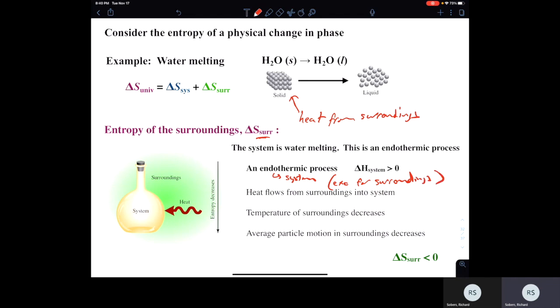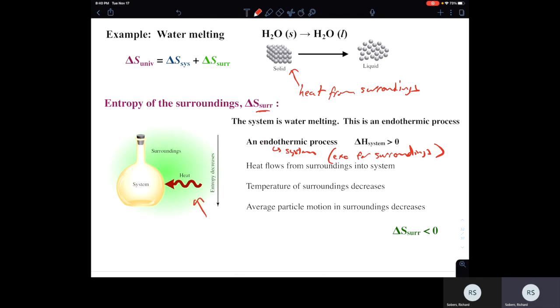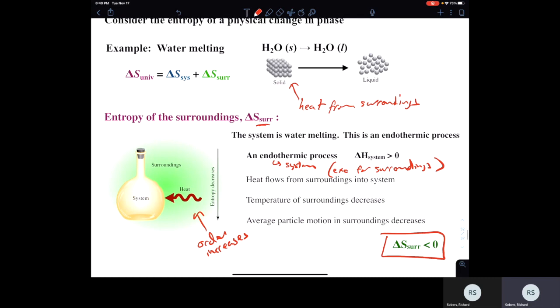So what do we see here? We have order increases, so delta S for the surroundings will be negative. Increasing disorder is positive delta S. So this is endothermic, so delta S will be negative.